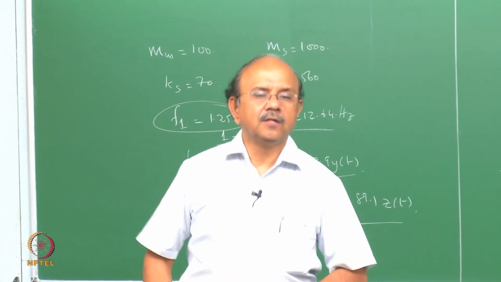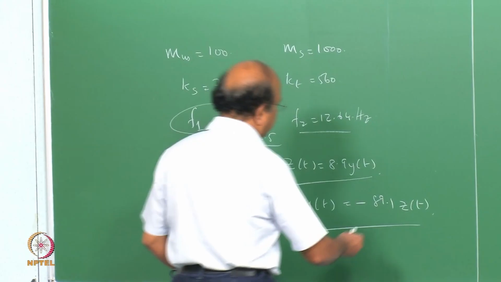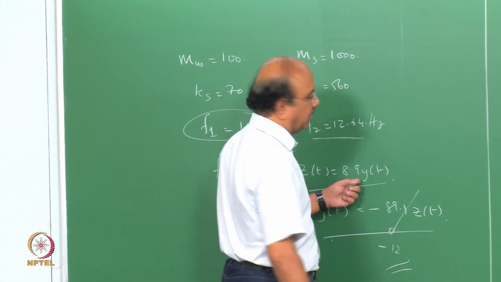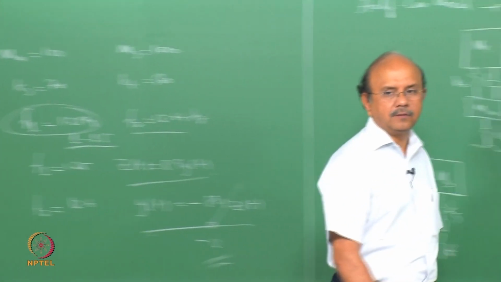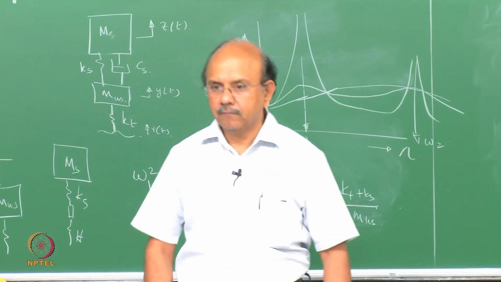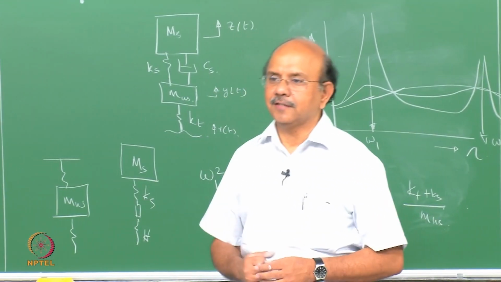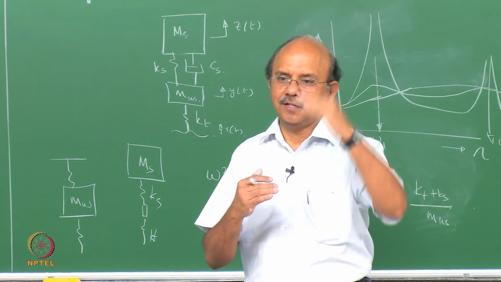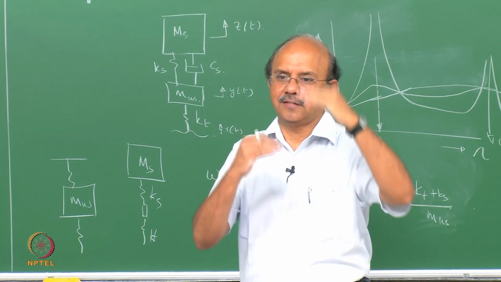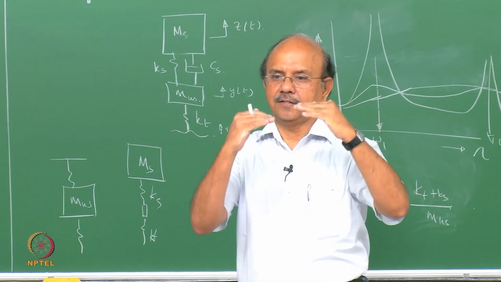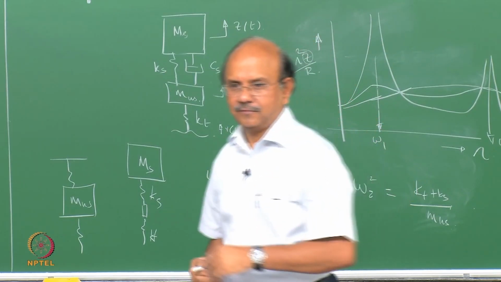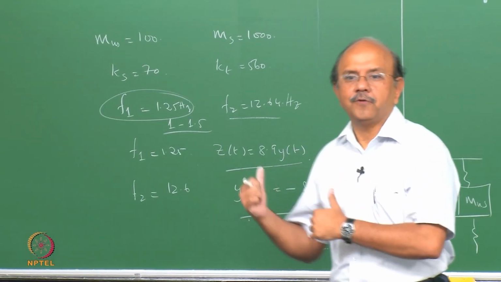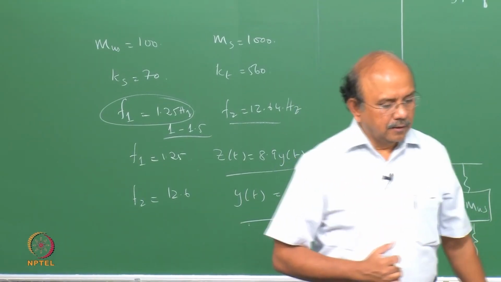That's what I was telling. If I damp the system, this would come down to say -10 or -12 and so on. So why is that minus sign there? Because these are mode shapes. So obviously, when they oscillate, it is oscillating like this. That's how the mode shapes are for this.